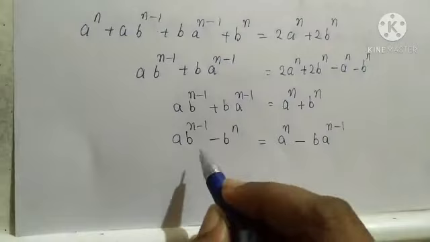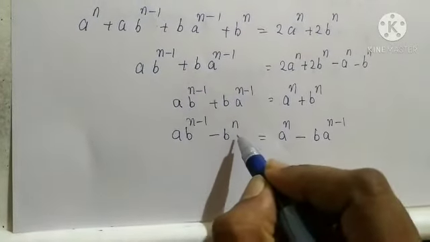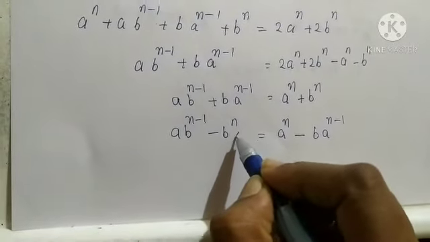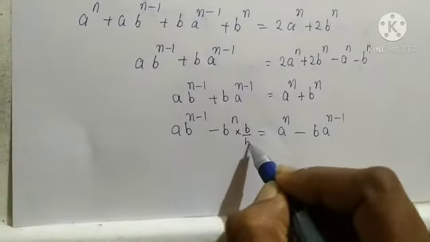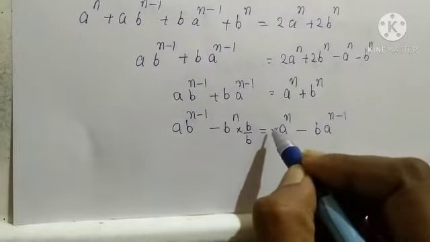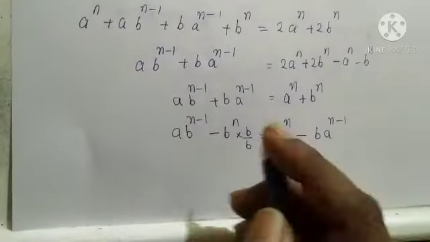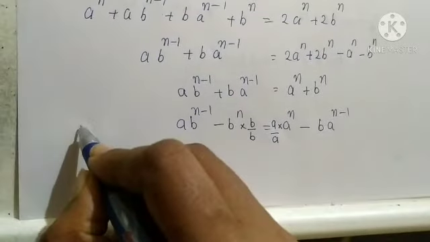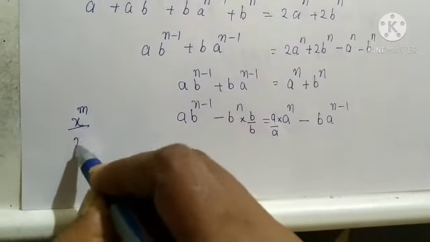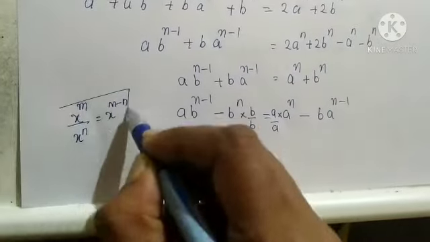Okay, so next I am going to multiply this term b raised to n by b by b, and here also I am multiplying this a raised to n by a by a. Okay, and we know that, again using the law of exponent, x raised to m divided by x raised to n is equivalent to x raised to m minus n.